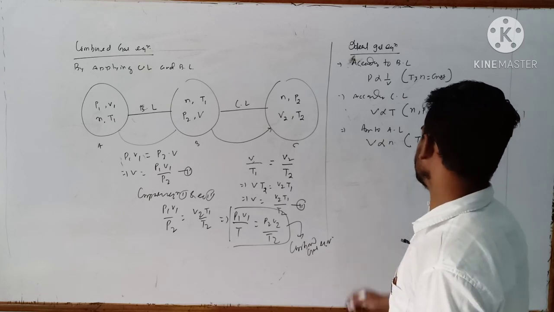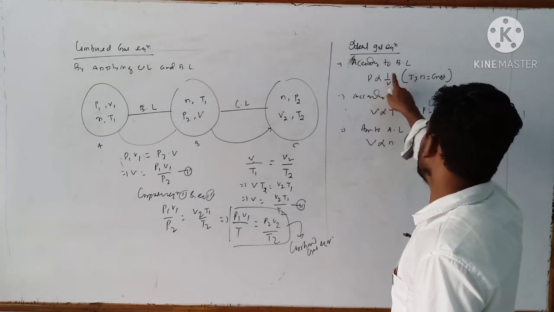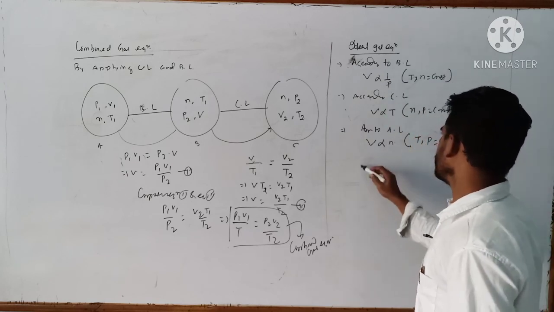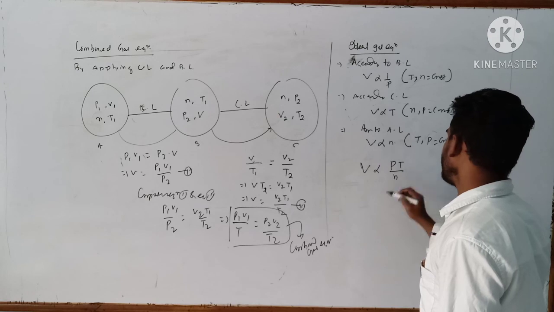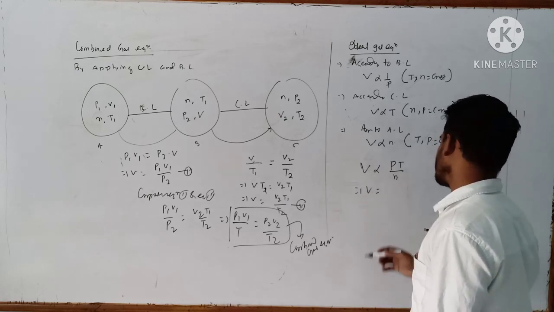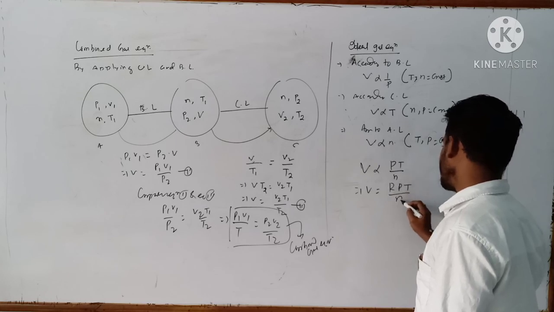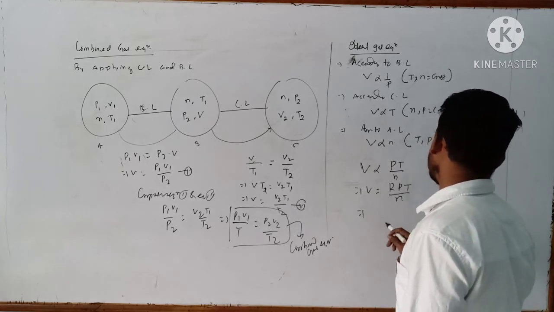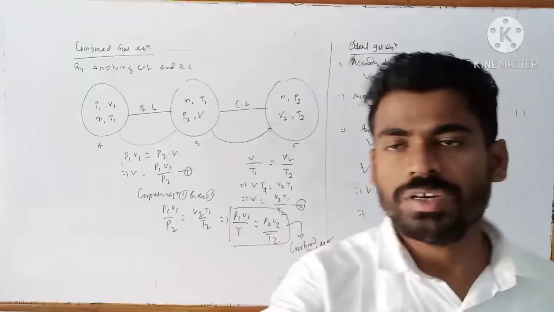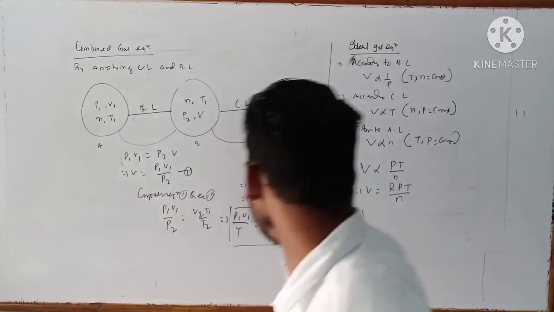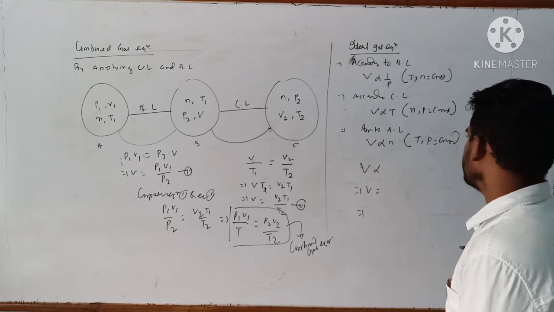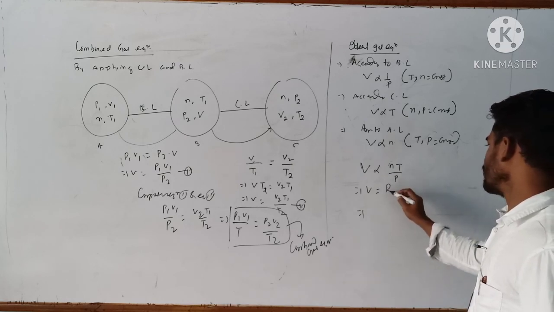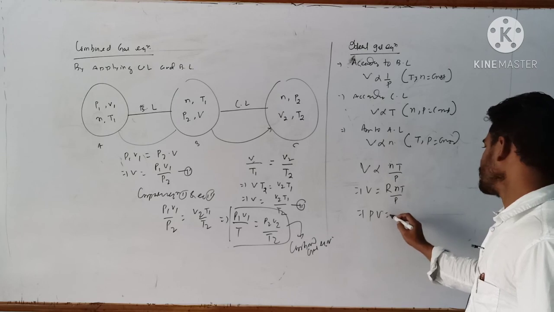So from these three equations, V is inversely proportional to P. Okay, so from these three equations V is directly proportional to N into T upon P. So V is equal to some constant, let's say R, times N T upon P. That implies P V is equal to nRT.